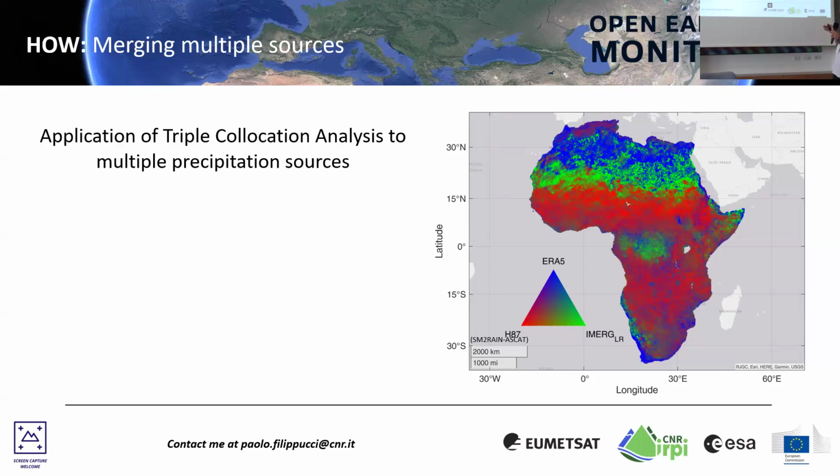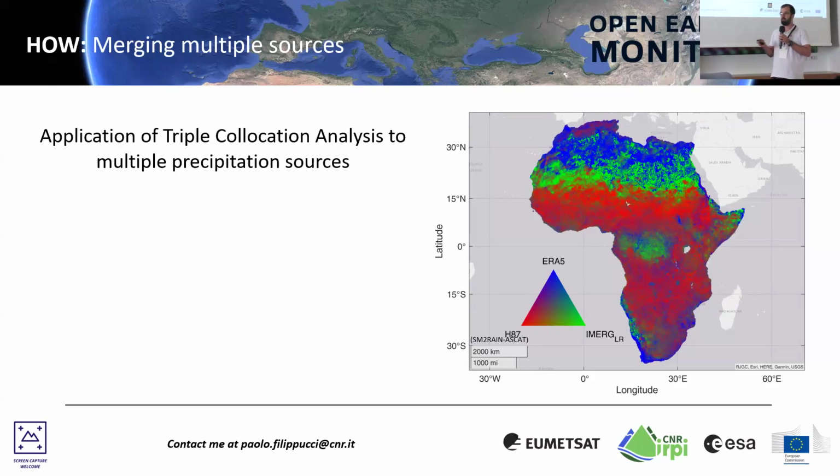In the area here where there is the desert, and here where there is the pluvial forest, in which we cannot expect accurate measurement of soil moisture, IMERG Late Run, so based on the atmosphere, is the best performing product. And in the other areas, instead, SM2RAIN has a big impact on the quality of the product.